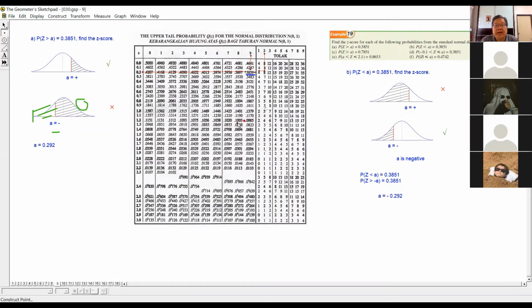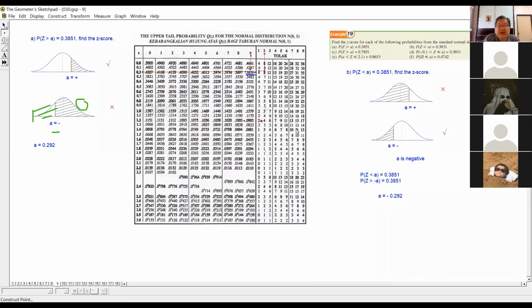So it's 1003, extra 3. Looking at the last digit, 3 is between 2 and 4, so I can choose either one. If your answer differs in the last decimal place by 1 or 2, it doesn't matter, because we are limited by the accuracy of the table.